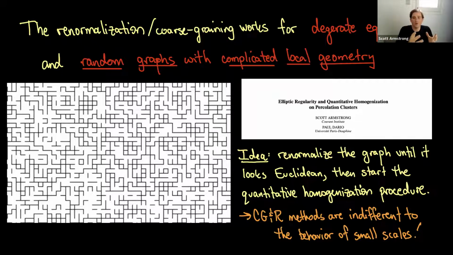When you renormalize the graph so that it looks Euclidean, you've made your problem uniformly elliptic, in the sense we need to run our proof. Whereas if you wanted to use a nonlinear concentration inequality and differentiate with respect to the environment, you can disconnect the graph, and so those methods do see the small scale in a way that you don't want if you want to solve this problem.